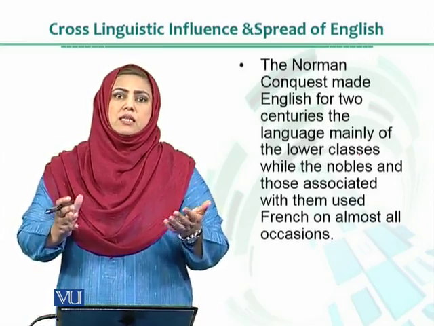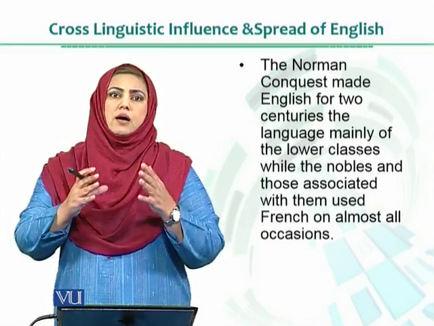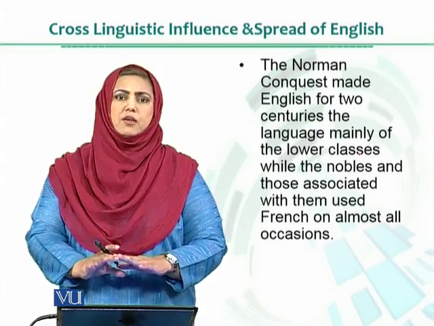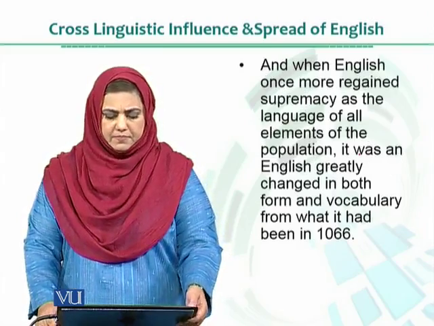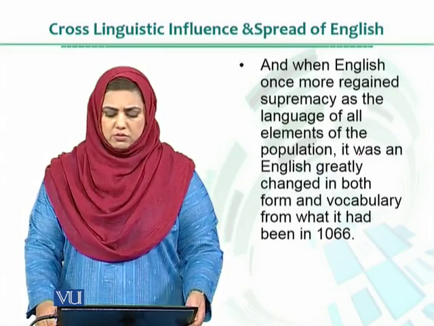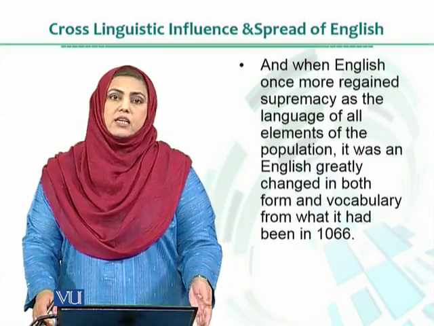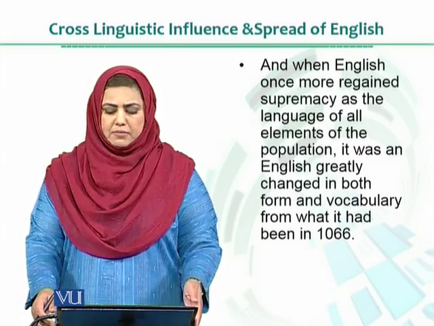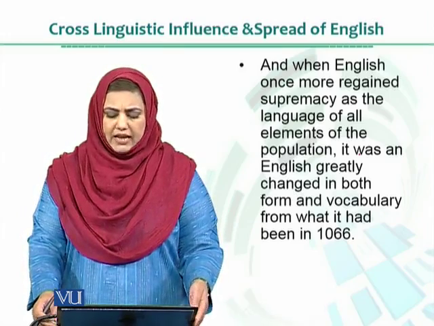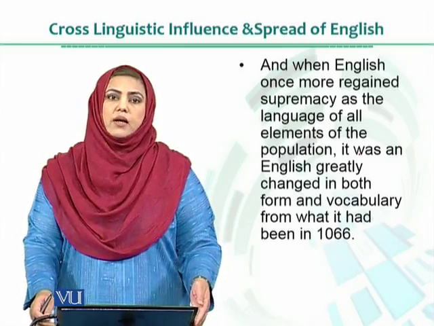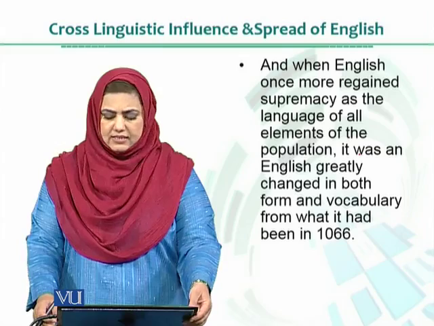The French Norman influence brought English to a point where it would just be used by the very low class people, and all the aristocracy, of course, used French at that time. However, English once more regained supremacy as the language of all elements of the population, during 1066.